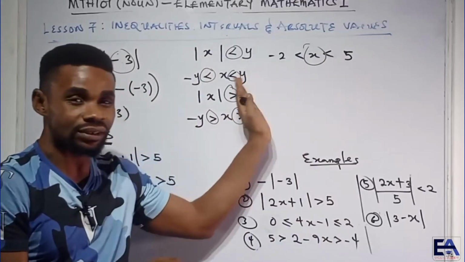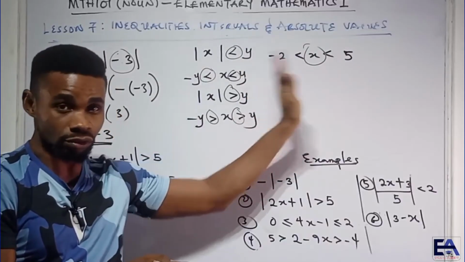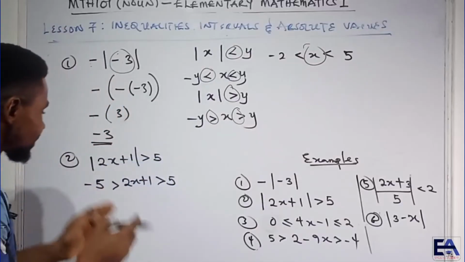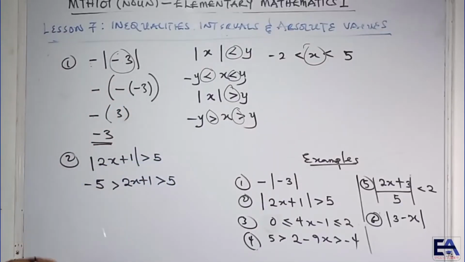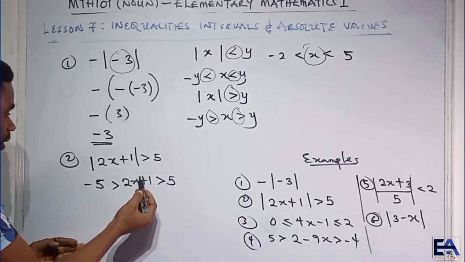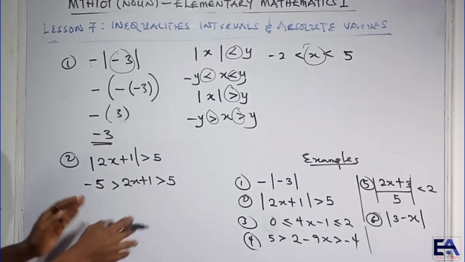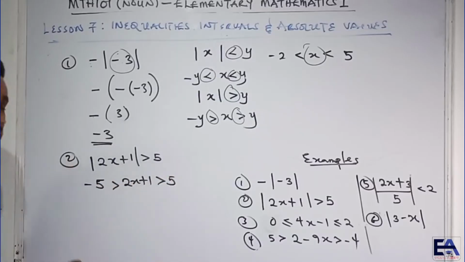The other sides will be just numbers, like the numbers that will be represented on the number line. That is the same thing that we are going to do right here. We are going to find everything mathematically possible to make only x stay in the middle, and the other sides will be just numbers.